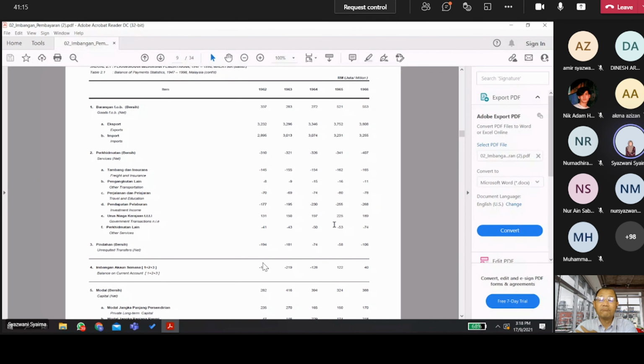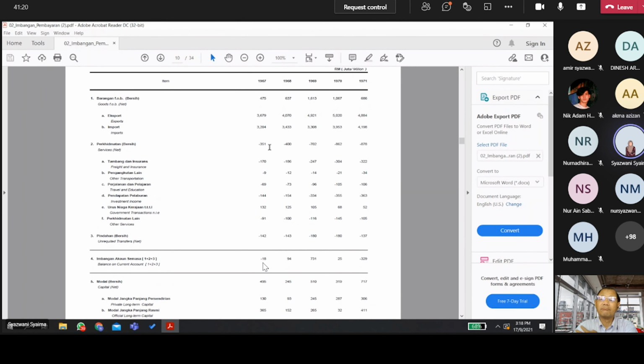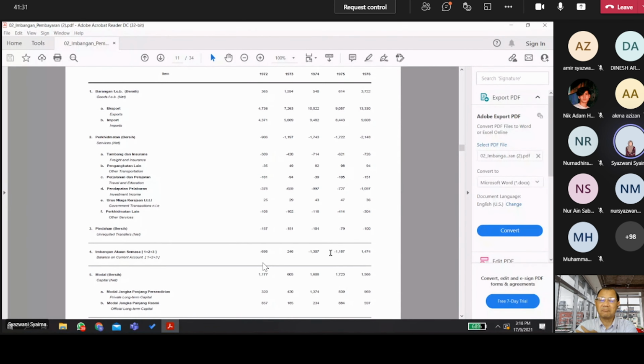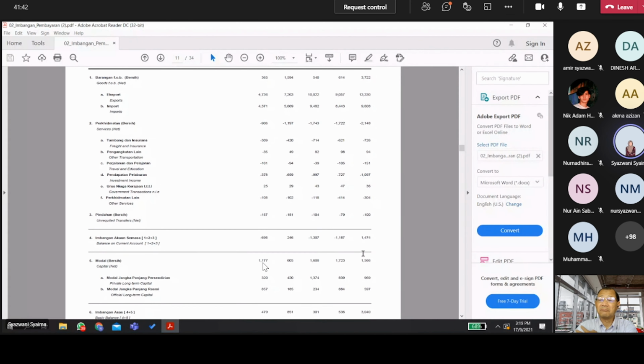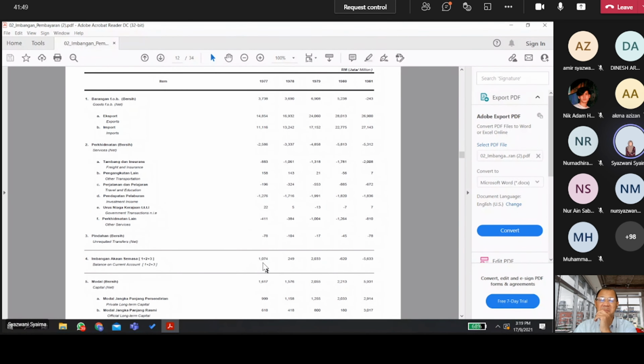We have a surplus from 1965 until 1969, and then in 1970 it's a deficit again. Then in 1973 we got a surplus, a deficit in 76, then surplus until 1981.